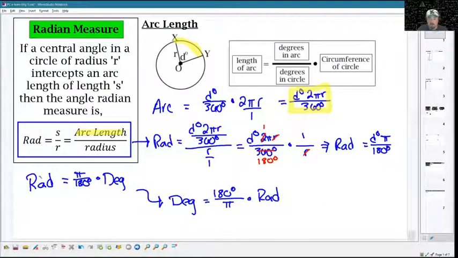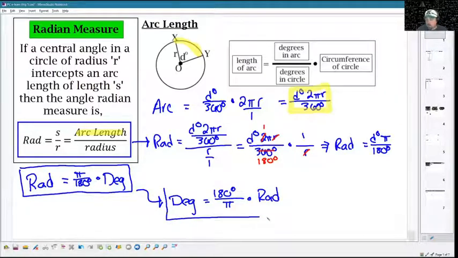So what we've seen is that if we use this definition of what a radian is and what arc length is, we get these two nice pretty conversion factors to take us back and forth. These are things we practiced in Math 3, where we multiplied by these two fractions and converted from degrees to radians, and that's pretty much all we did with it in Math 3.